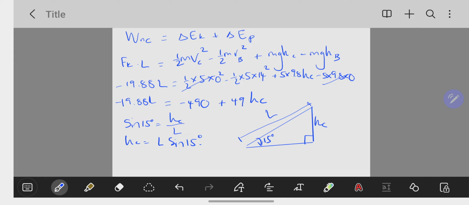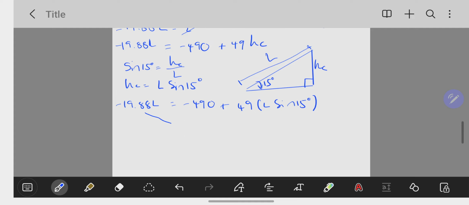Now, let's substitute this over there. So negative 19.88 L equals negative 490 plus 49 L sine 15 degrees. Now I can take this to the other side and it will change to positive. 490 equals 19.88 L plus 49 sine 15 L. Now we are going to add these.